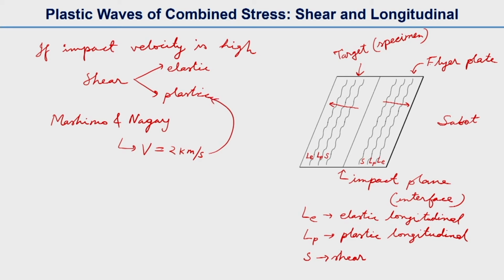So to generate a plastic shear wave, we need to have a very high impact velocity. And as we know here, this wave propagates in the direction perpendicular to the impact plane or interface, for both the target and the flyer plate.